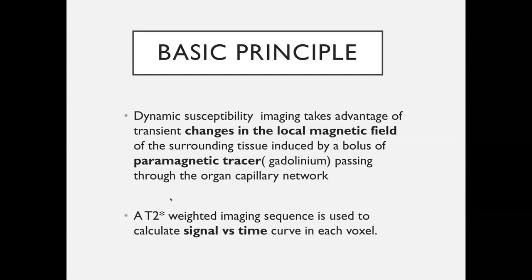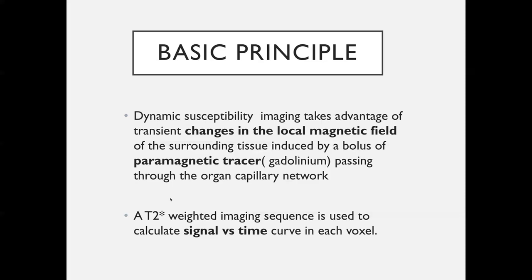Now, I need your attention on a few of these slides because the physics is really important, and I have tried to make it very simple so that anybody can understand. Dynamic susceptibility imaging takes advantage of the fact that whenever a paramagnetic tracer or paramagnetic substance passes through a magnetic field and we are using a T2 star weighted imaging sequence, there is a drop in signal.